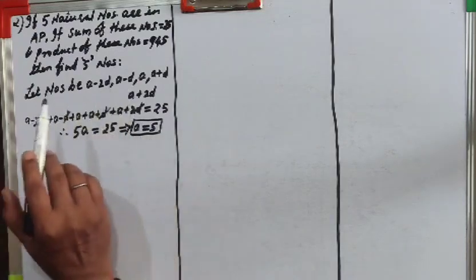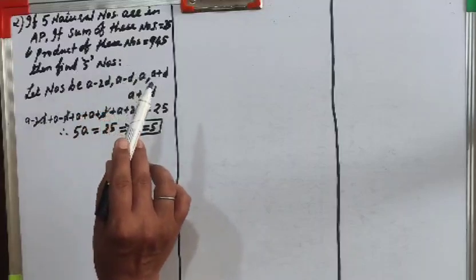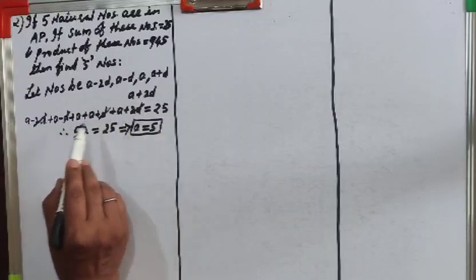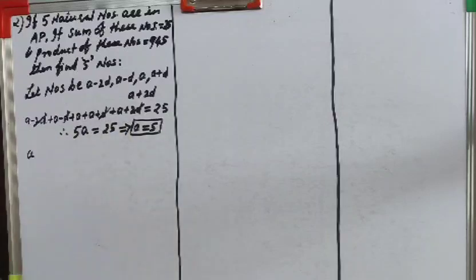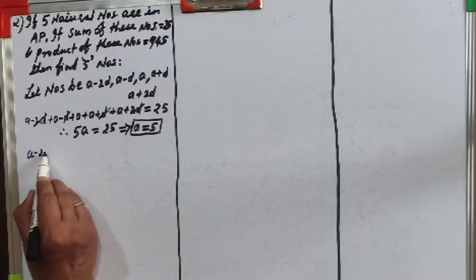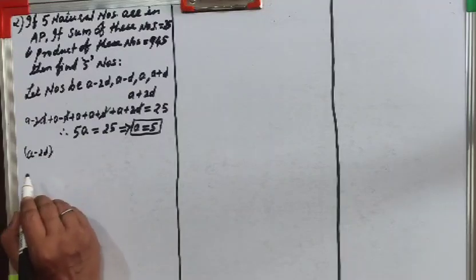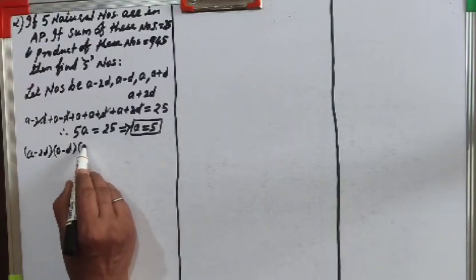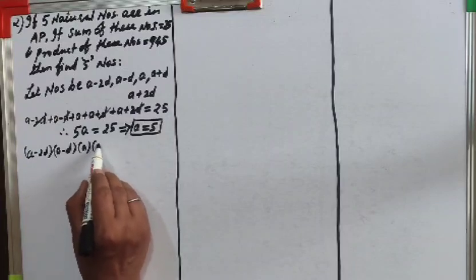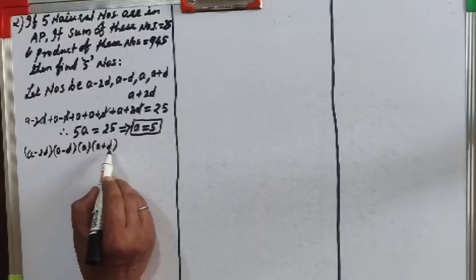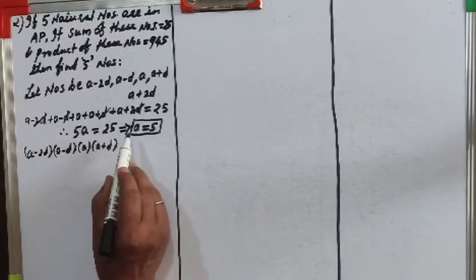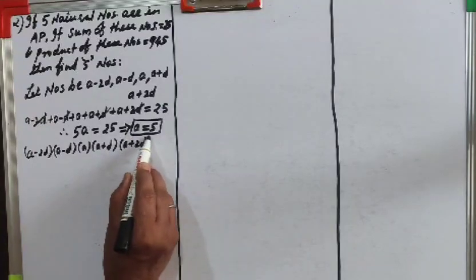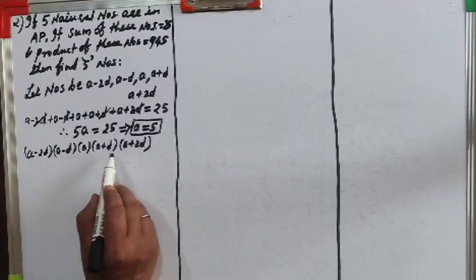Now, according to the second condition, the product of these numbers is given as 945. So, again I will write the same numbers and I will take the product. A minus 2D, observe the steps carefully, then A minus D into A into A plus D and into A plus 2D. 1, 2, 3, 4, 5.